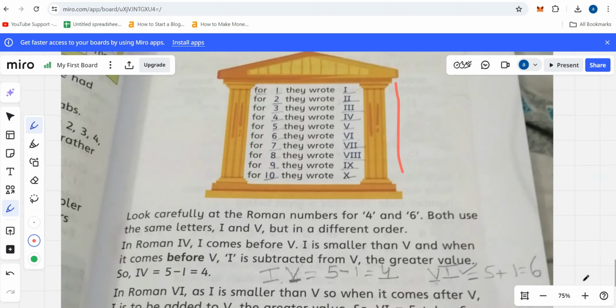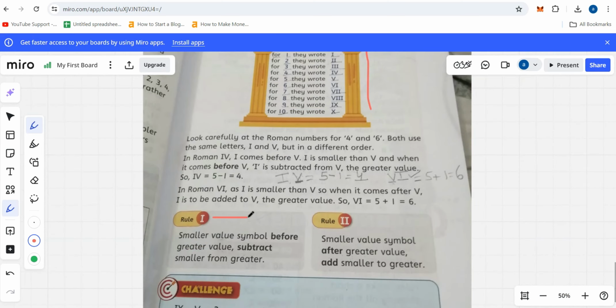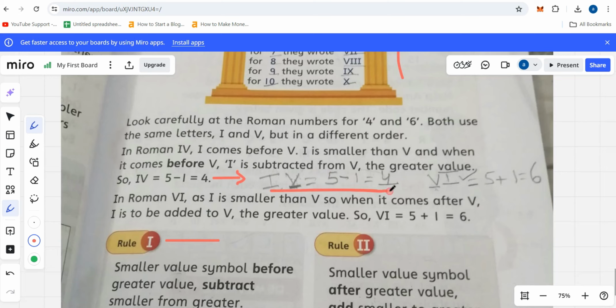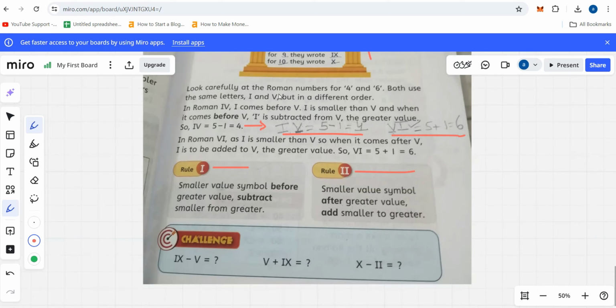If you look at rule number 1, it states that if we have a smaller symbol before a greater one, then it will be subtracted from the greater. If you look at rule number 2, if a smaller symbol is after the greater symbol, then it's added. So here rule number 1 is applied since the smaller symbol is before the greater symbol, so 5 minus 1 is equal to 4.